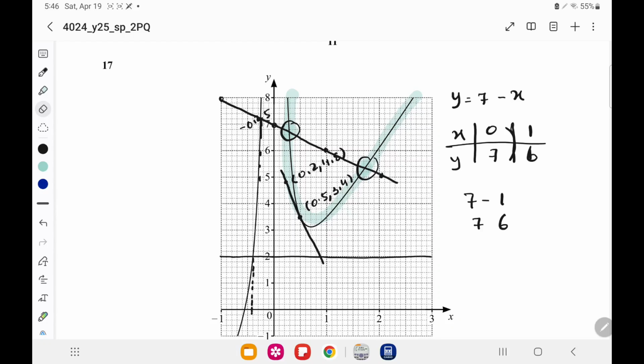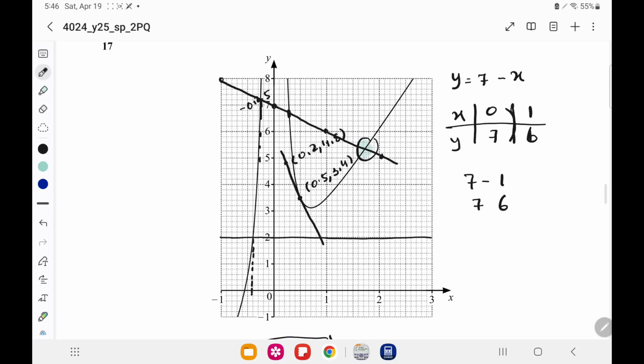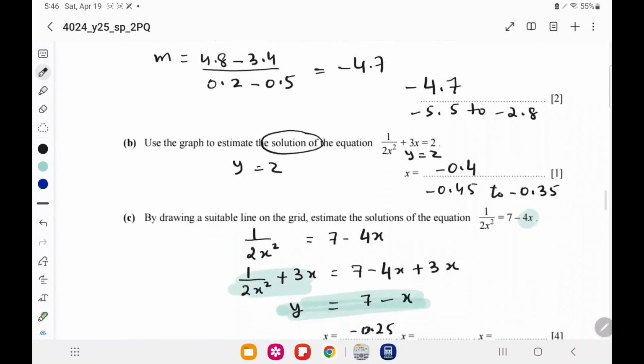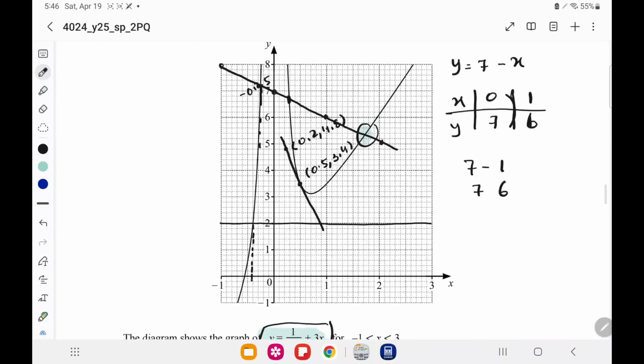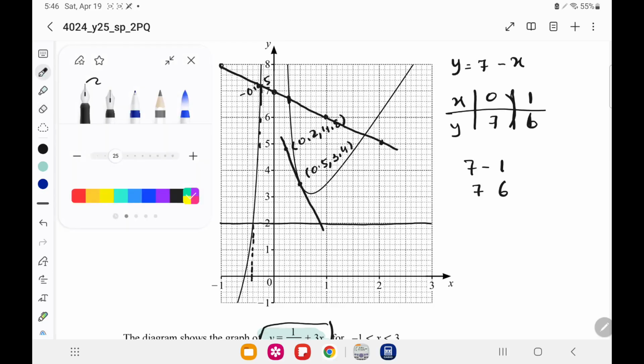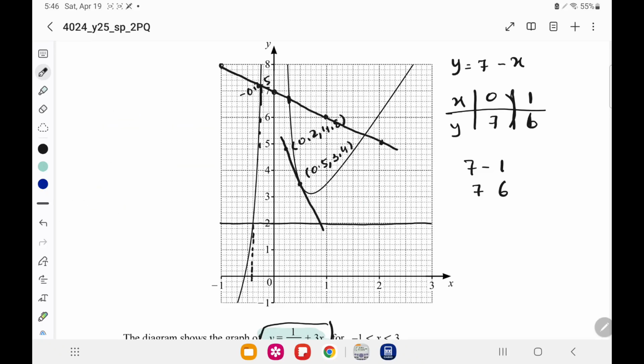The next one is between 1, 2 and 3, the third box, so this is positive 0.3. And the last point is 1, and then afterward 1.5, 6 and 7, 1.7.